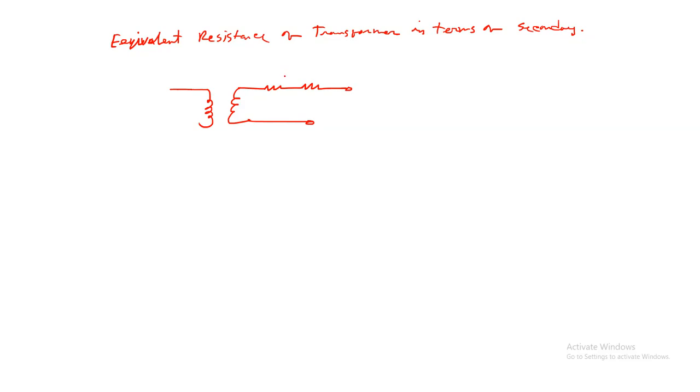This resistance is RS, and this is RP single prime, and these two are Re double prime. Now we calculate Re double prime, the equivalent resistance in terms of the secondary. So Re double prime is equal to what? Just find out this.